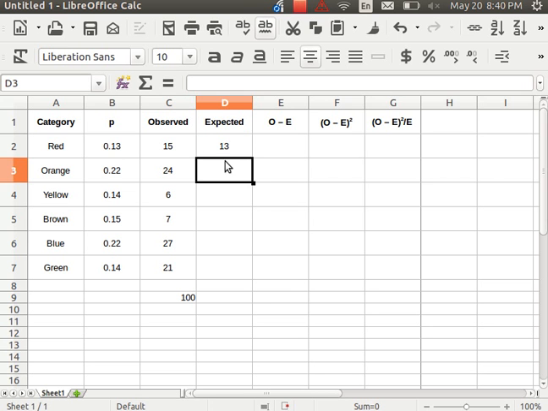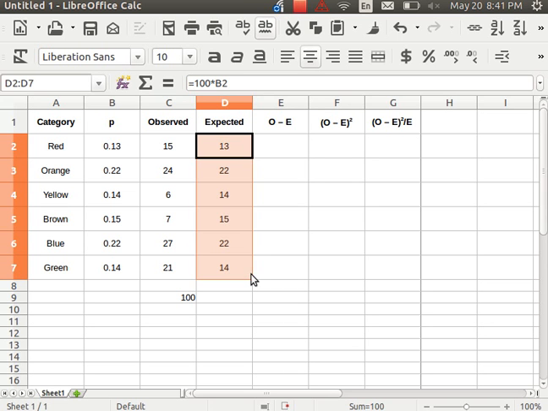You could do that one in your head because 100 times a decimal is easy to calculate. But again, if our observations were something different than 100, then Excel would do that calculation pretty quick for us. So I want this for each row, so I'm going to click on my lower right-hand box, drag it all the way down, and this gets me my proportion times 100.